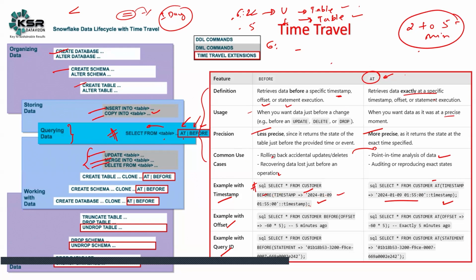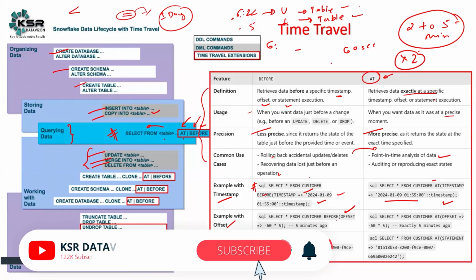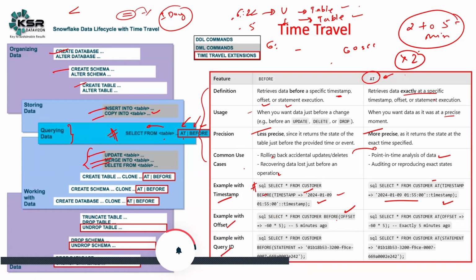At that time, we use offset. I have 60 seconds and I want to see what changes were made before, say, 5 minutes. Then I use offset, where I say before offset minus 60 into 5, since I'm going back, and 5 is 5 minutes. If I want to see exactly at 5 minutes before whatever my changes are, then I'll choose at.